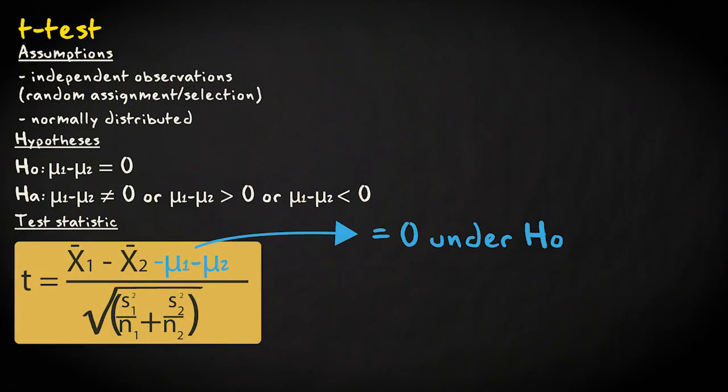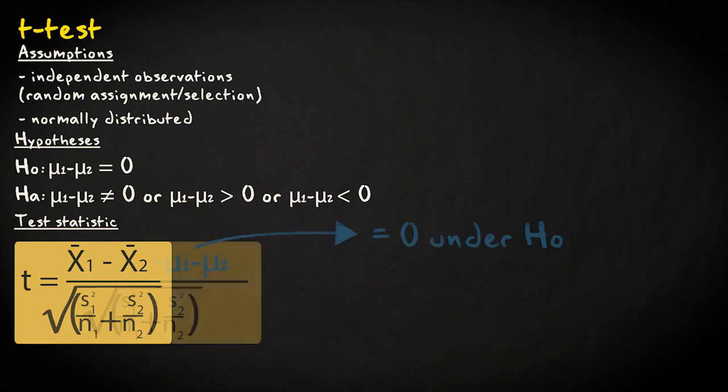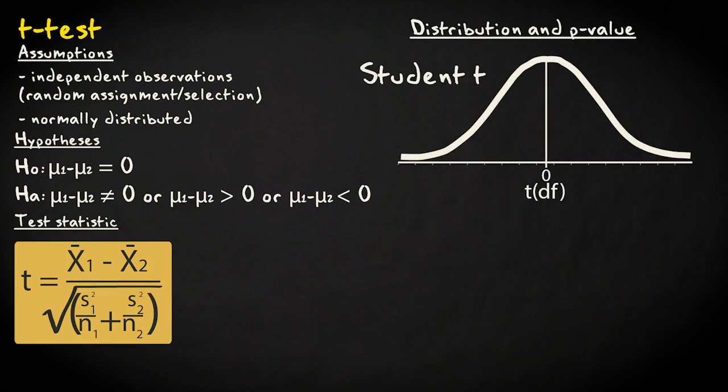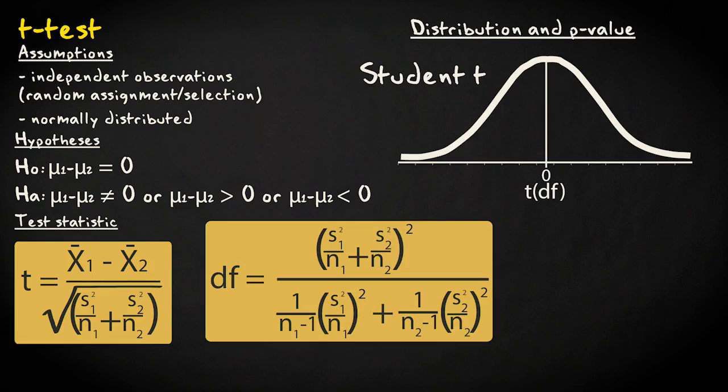The test statistic t equals the difference in sample means minus the expected value under the null hypothesis, 0, divided by the standard error, which equals the square root of the sum of the group variance divided by its sample size for each group. The test statistic follows a student t distribution, with a rather complicated number of degrees of freedom.